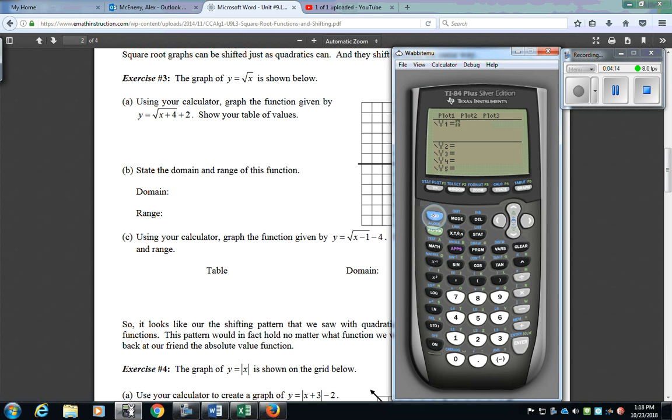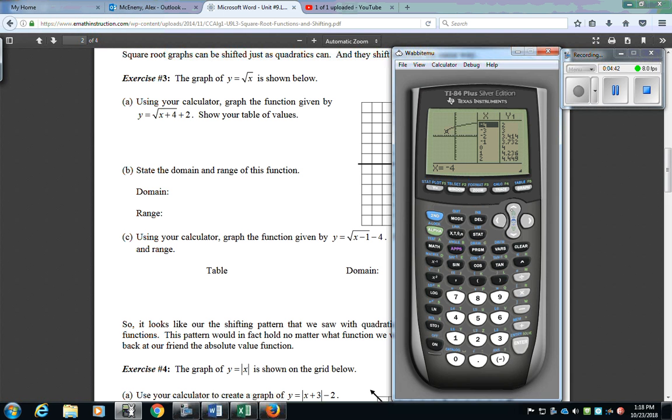When I do that square root and put the x plus 4 in, I want to make sure that I arrow to the right to get the plus 2 outside of it. Then I'm going to do second and graph to look at my table. And again, you can always change this to mode and go to graph-table. That way you can see both parts of this. So I'm going to go back to the start of that graph.